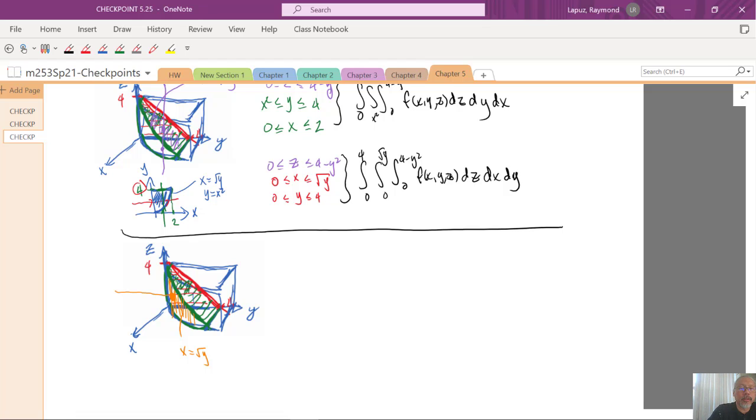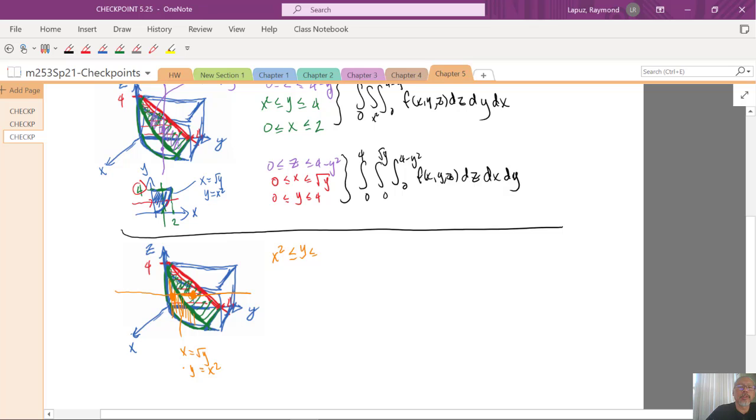So if we integrate this with respect to y first, then your y is going to be equal to x squared. So let's integrate with respect to y first, and we're going to go from this surface itself, y is equal to x squared, and then we're going to be in the region, and then we're going to get out of this region through this plane.